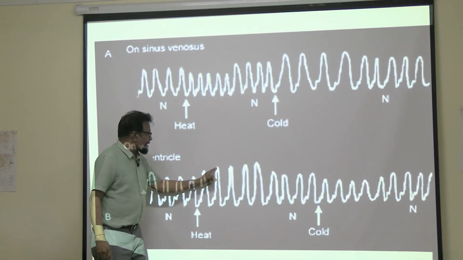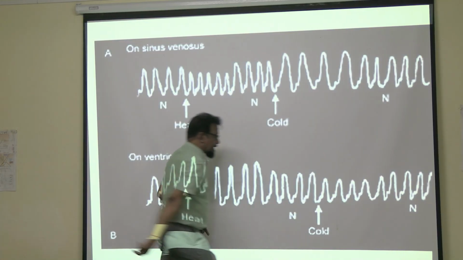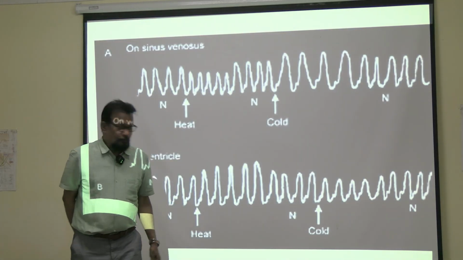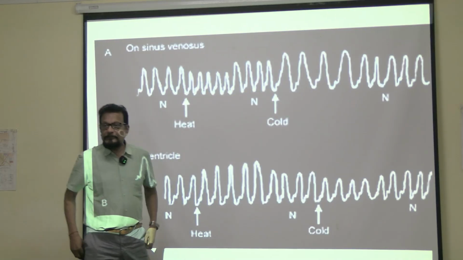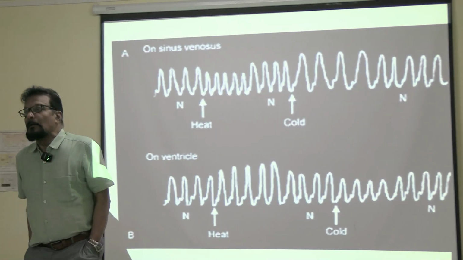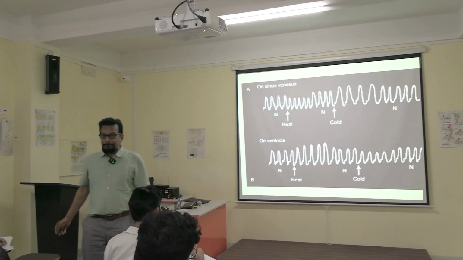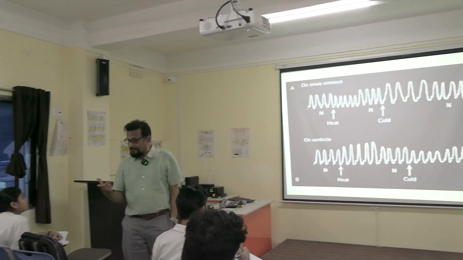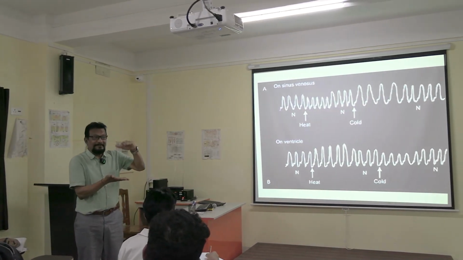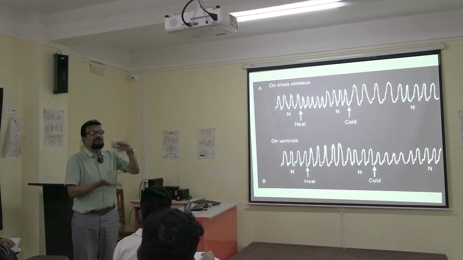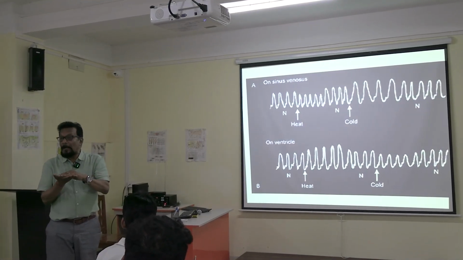One is the heart rate. You can record the time, and with the time and the number of beats, you can determine the number of heartbeats in a particular time period. That means you can determine the heart rate. And from the amplitude, you can assess the contractility of the heart muscle.